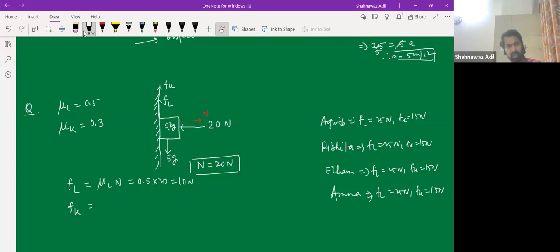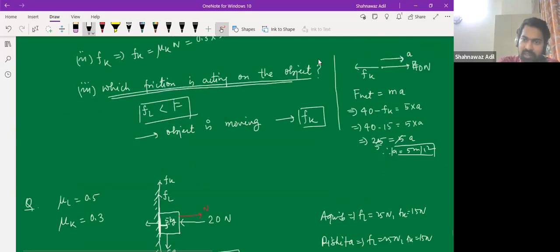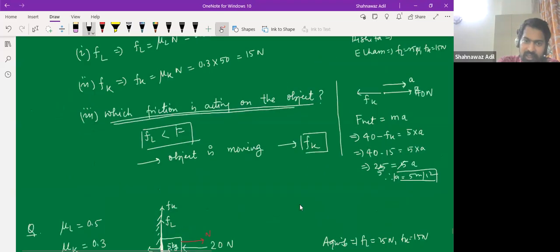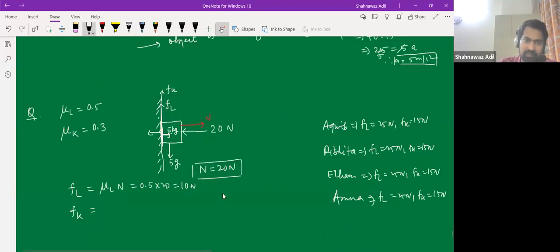These surfaces are touching, so this is applying some force, and this is applying some force. The force applied by this surface, perpendicular to it, is this. That is called the normal reaction.